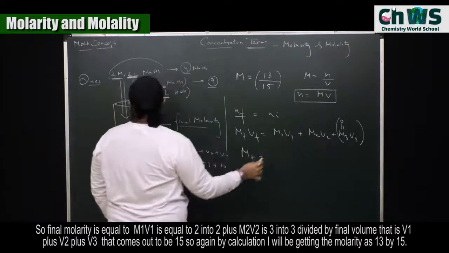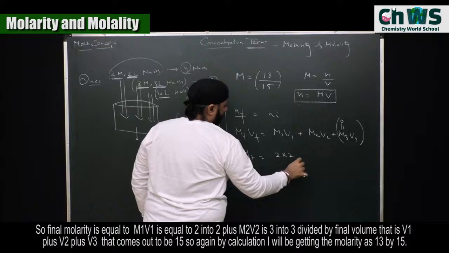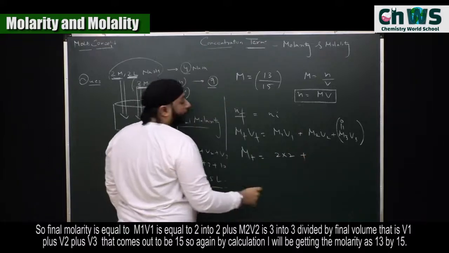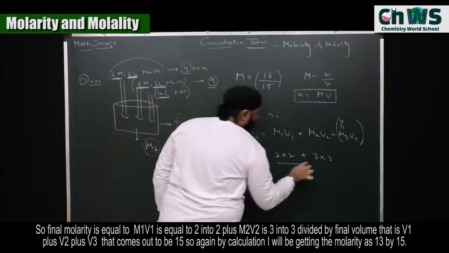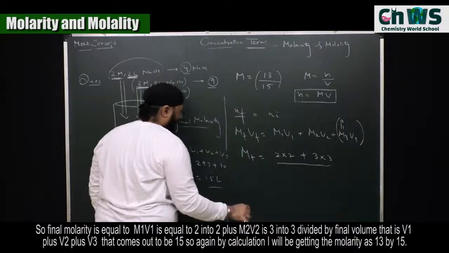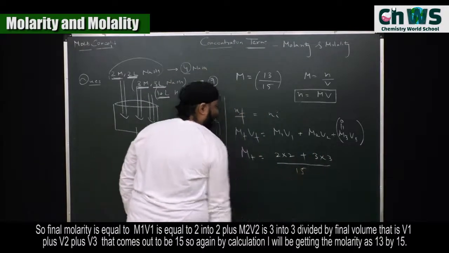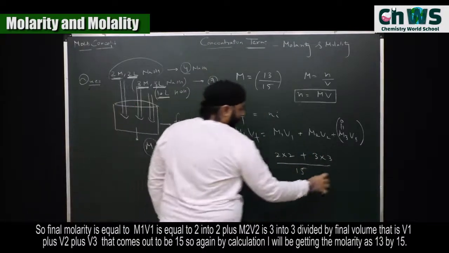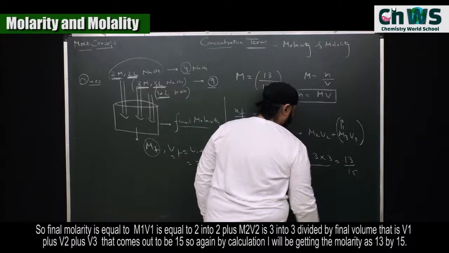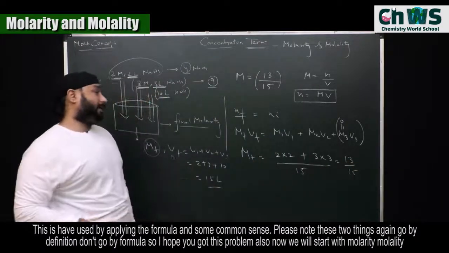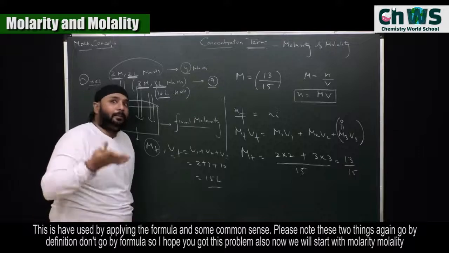So I'll get the final molarity equal to M1V1, which is 2 into 2, plus M2V2, which is 3 into 3, divided by final volume, that is V1 plus V2 plus V3, which comes out to be 15. So by calculation I'll get the final molarity as 13 by 15. This I got by applying a formula and some common sense.